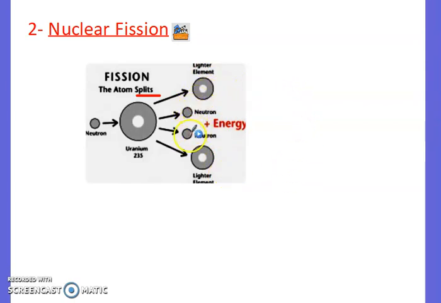Here we have 2 neutrons. We could have 3, we could have 5, we could have 1 neutron. But what is important in this reaction is the energy liberated. E liberated, delta mc squared, around 200 mega electron volt. Very huge amount of energy liberated.